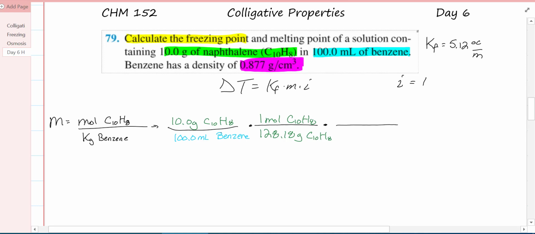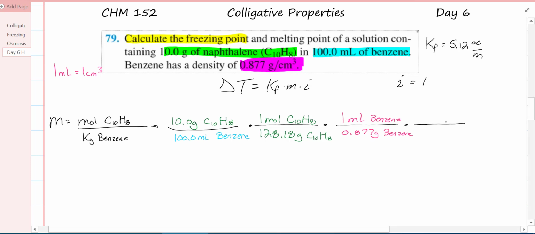We know that for every milliliter of benzene, there is 0.877 grams of benzene. Right? Because 1 milliliter by definition is 1 centimeter cubed. And we know that.